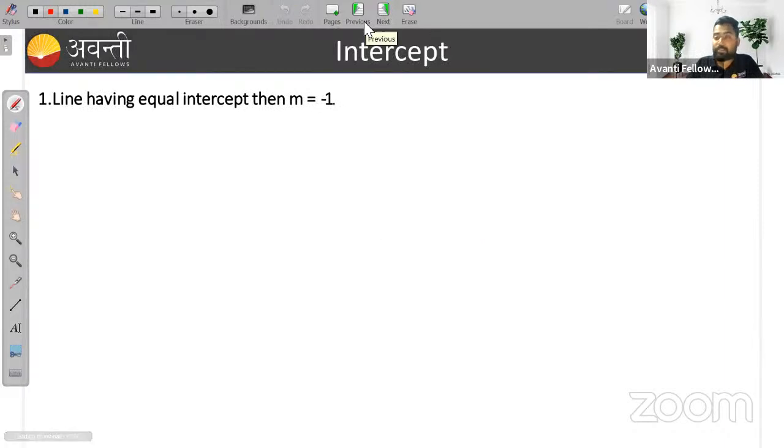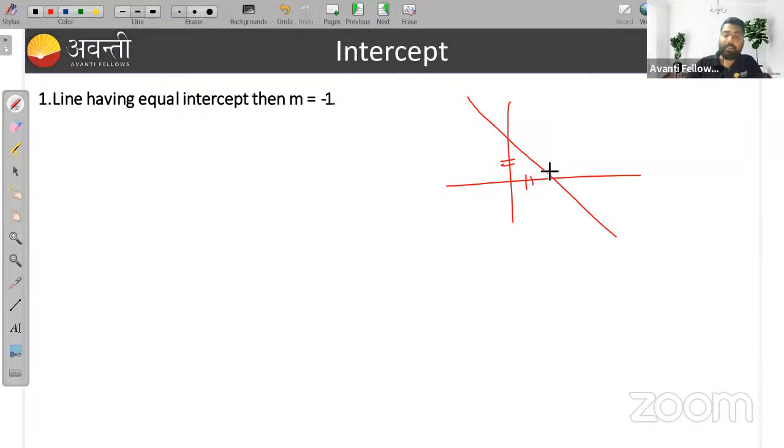And some conditions or some results upon intercept we already studied. That is, when a line has equal intercepts, then the slope of this line will be -1. Okay, slope of this line will be -1.